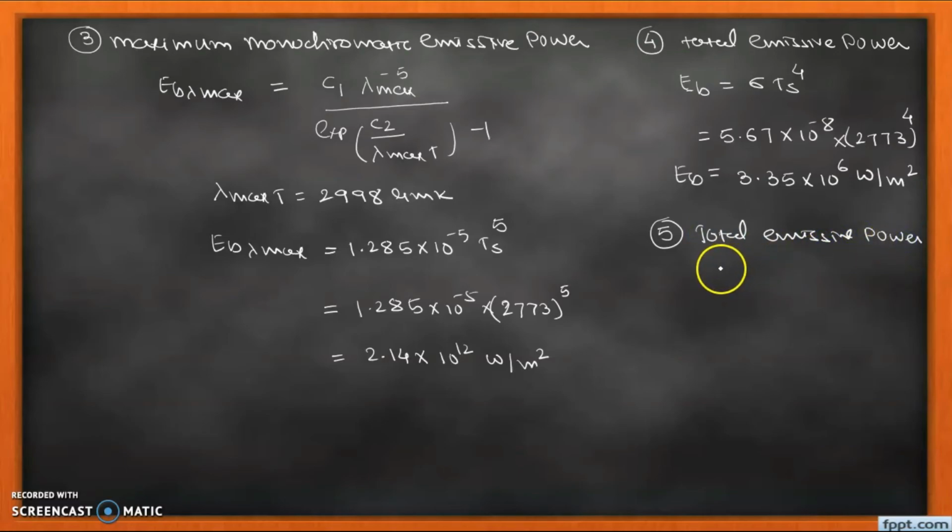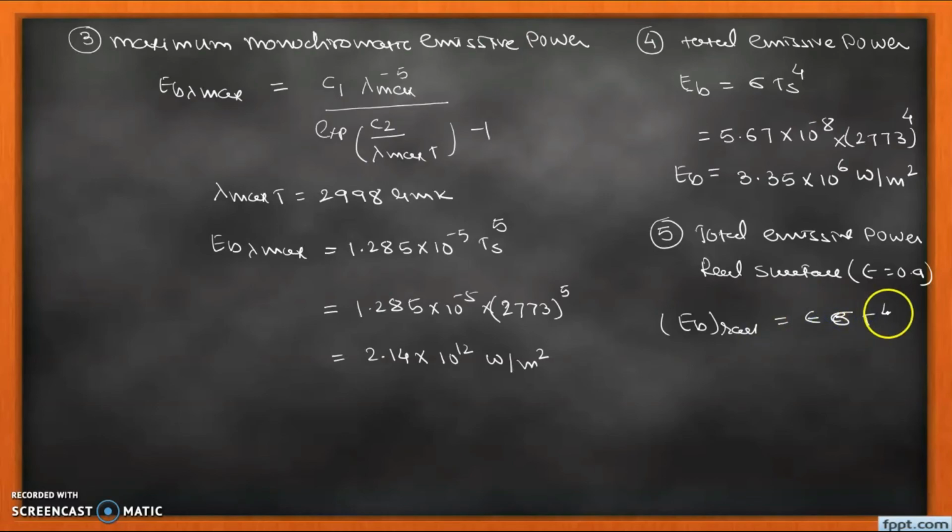The fifth one is the total emissive power when the surface is a real surface having an emissivity of 0.9. We know that the emissive power of the body, when it is treated as a real one, is emissivity into sigma into T to the power 4.